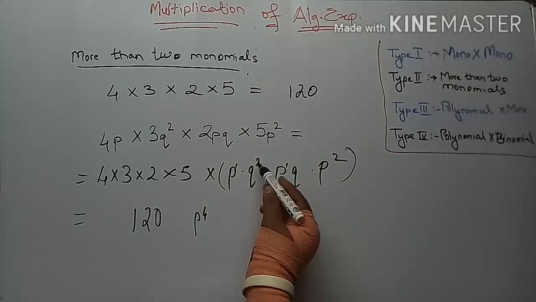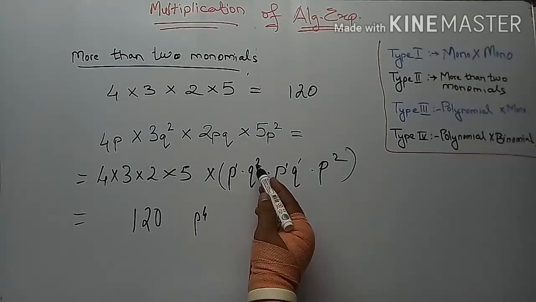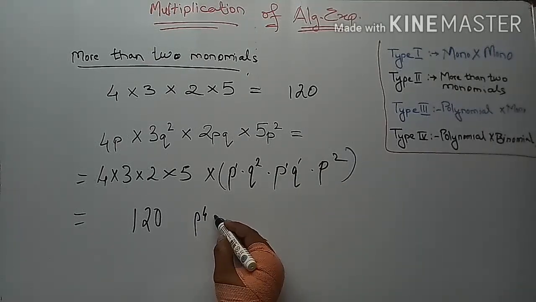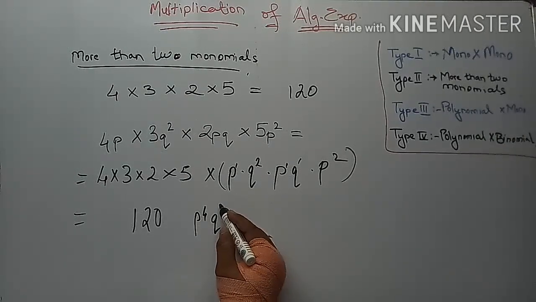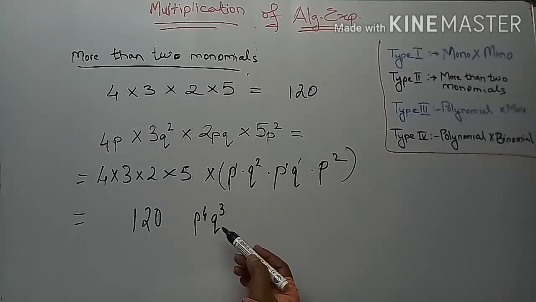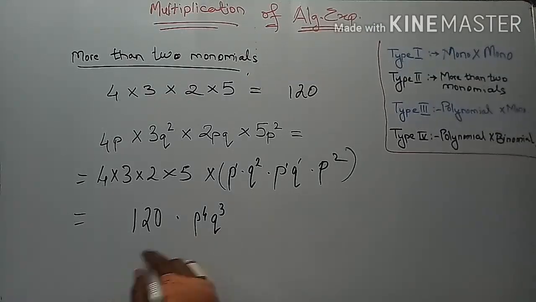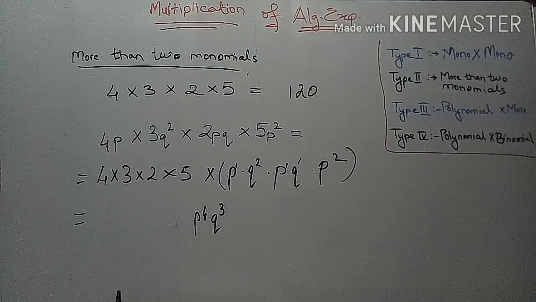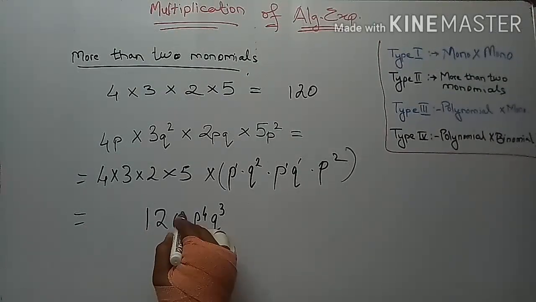For q, q square and q raised to 1 give q raised to 2 plus 1. Using simple laws of indices, we are just adding these. So we have p raised to 4 q cube. While writing, you can write it together: 120 p raised to 4 q cube. So these are simple examples of different types.